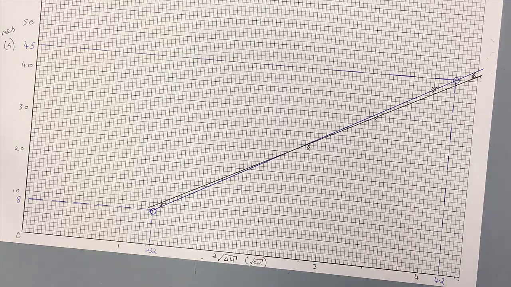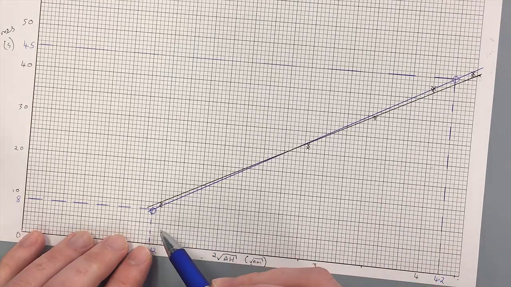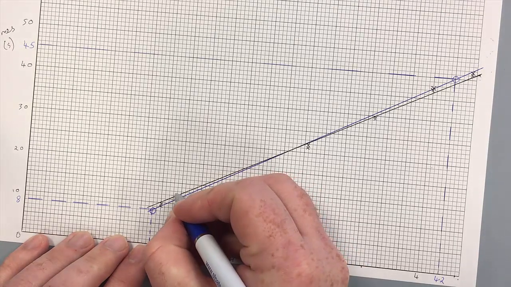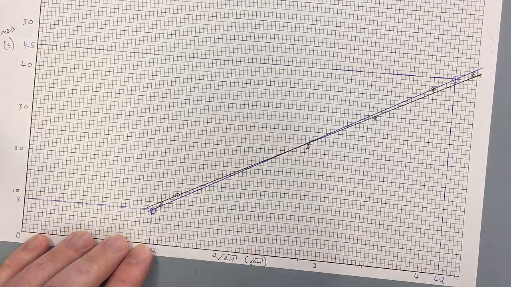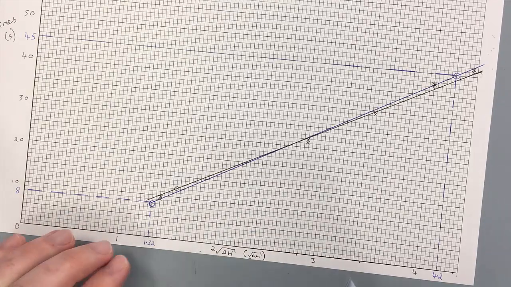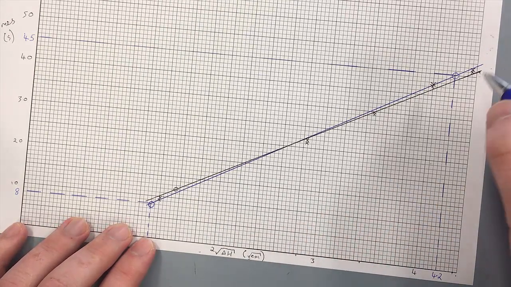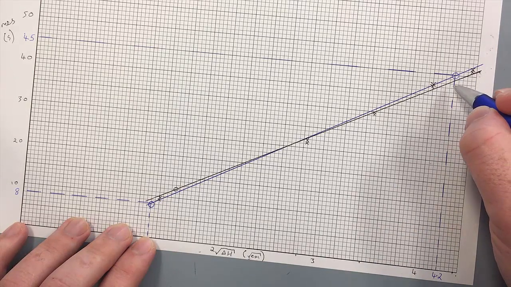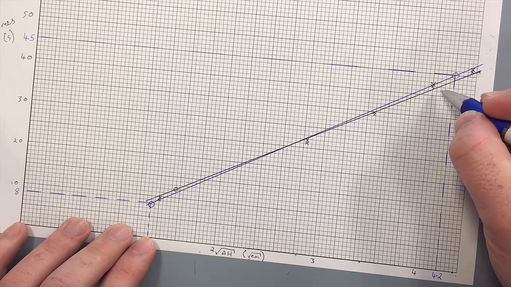Yep. Okay, so I'll take my black pen and find a couple of good points on here. I reckon that point there, and Biniam, this sort of relates to what you were asking about. So I picked that point there because it lines up, it cuts across the junction between the grid lines. And then up here, remembering that I'm trying to get as far out as possible if I can.